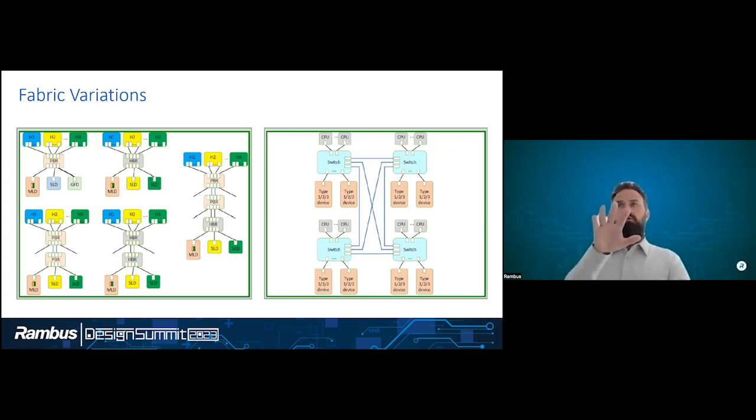Now, the representation of the diagrams here isn't to show a limitation of what type of hierarchies can be implemented, but rather to express the flexibility and the lack of limitation that has been attempted in the 3.0 specification, just to enable a large litany of potential networking fabric topologies.